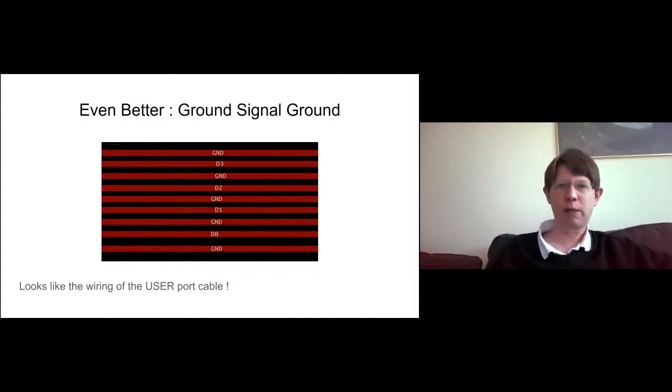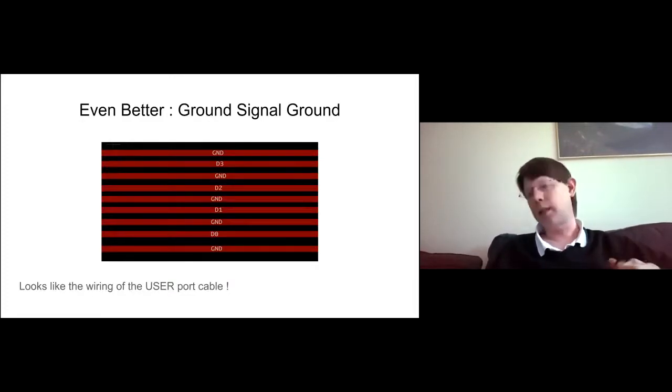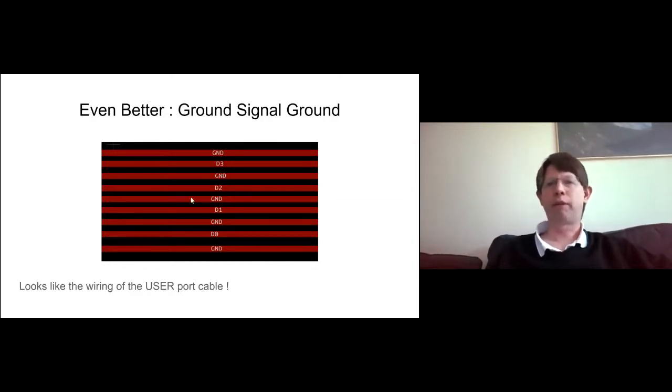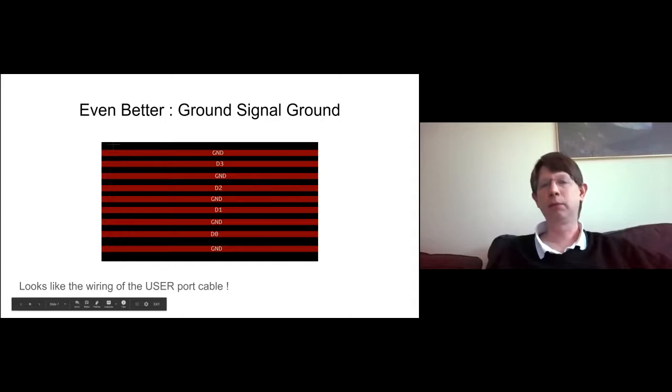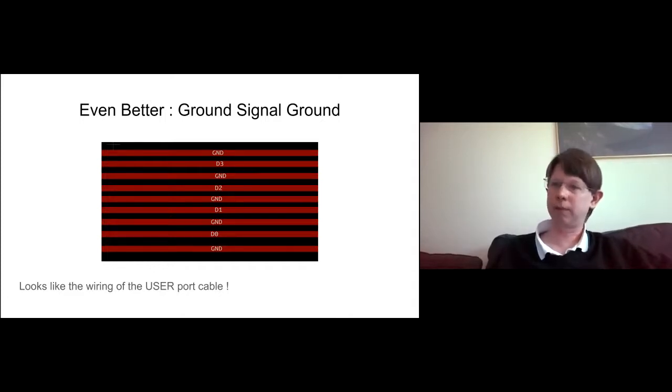Even better, if we can go ground, signal, ground, we then get a really small loop area for our ground and our signal traces. Now, if you've ever looked at the wiring of the user port, for instance, on the BBC Micro, you'll see on the ribbon cable, it ends up as ground, signal, ground. And that's because it keeps the loop area down, which keeps the noise down and keeps the signal integrity up.